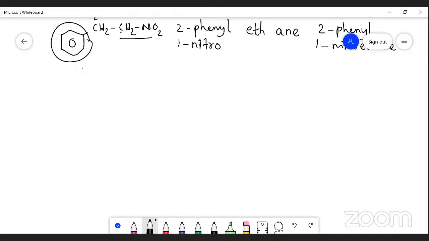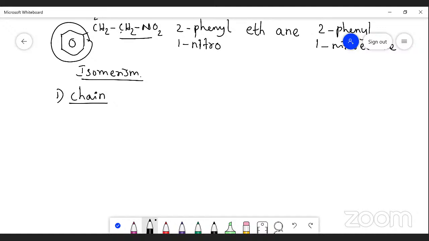So first, you can see chain isomerism. What is chain isomerism?